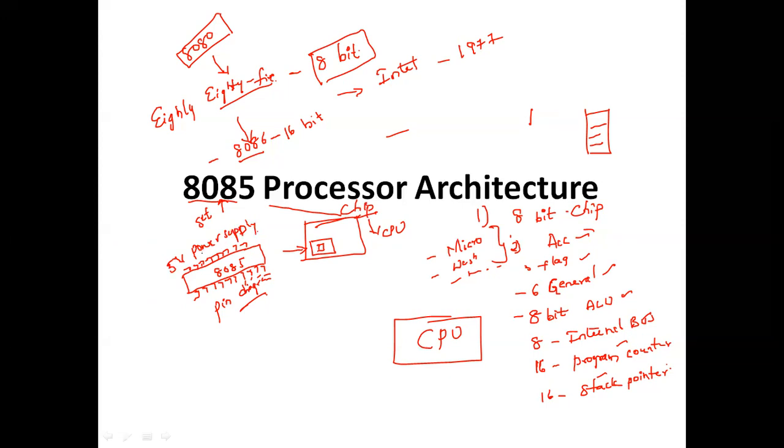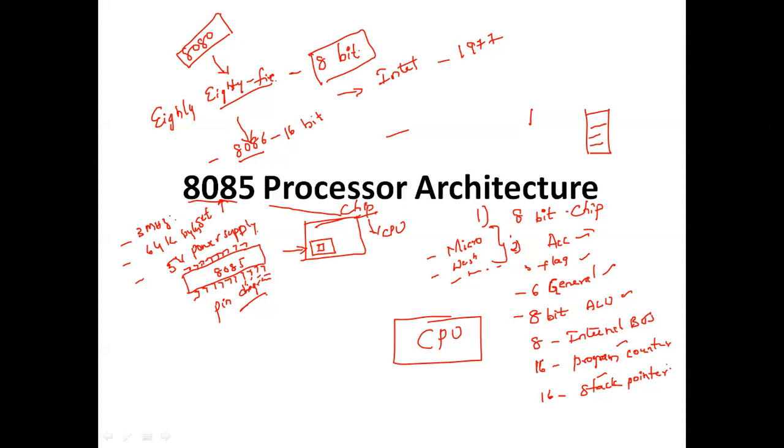It can access up to 64 kilobytes of memory. The maximum frequency we have to give to the 8085 microprocessor is 3 megahertz.